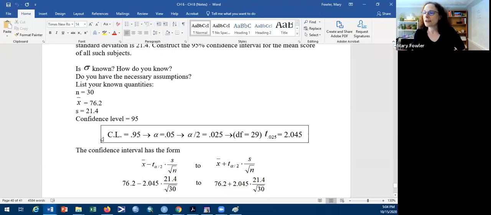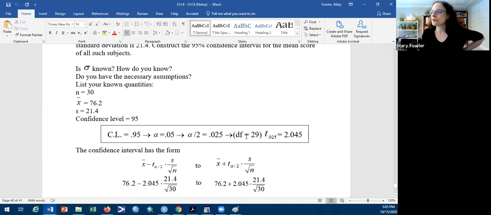So looking over here, we have again a little box that we sweep. Just because it's a T, it's the same idea. The confidence level completely determines your T sub alpha over 2. So we start over here. Confidence level equals 0.95, alpha 0.05, alpha over 2, 0.025.